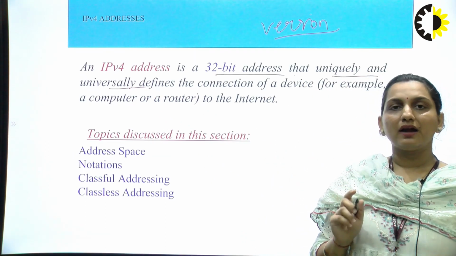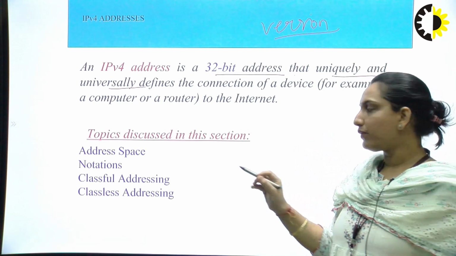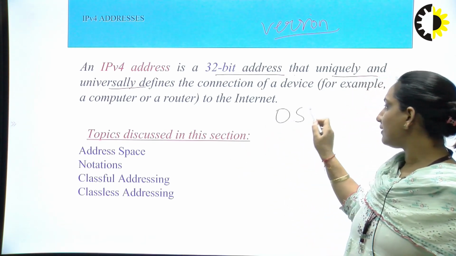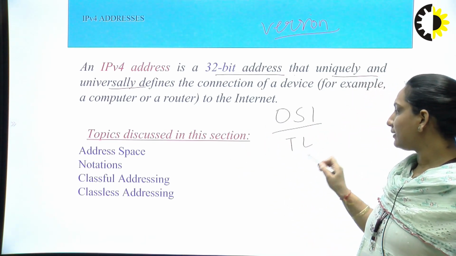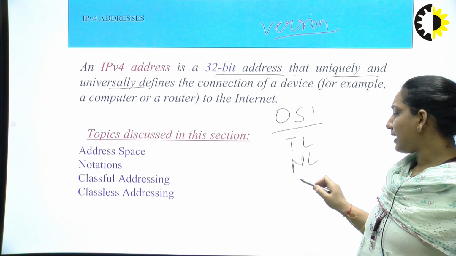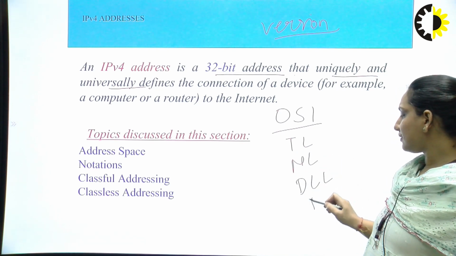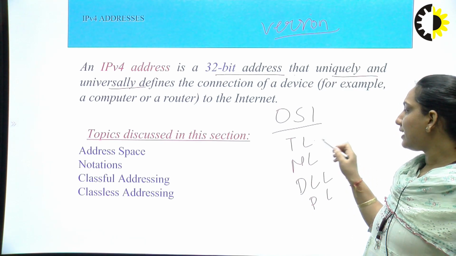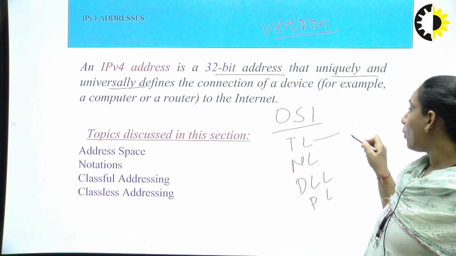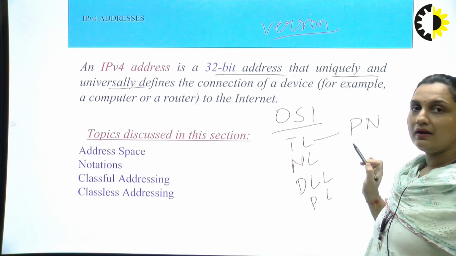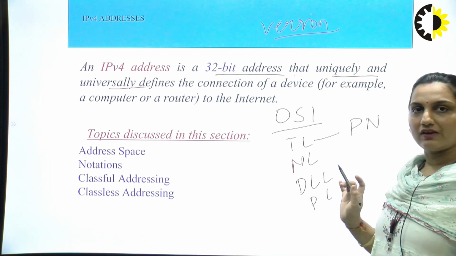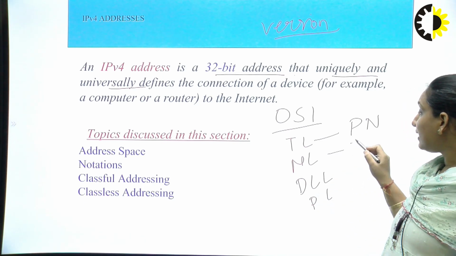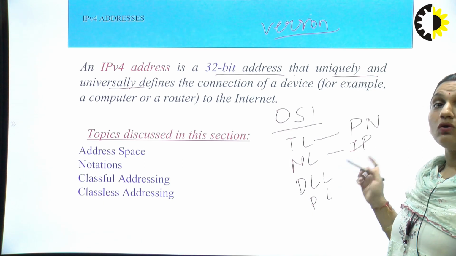In the OSI model we have a transport layer, a network layer, a data link layer, and a physical layer. In the transport layer there is a port number, with which process-to-process delivery is done. In the network layer there is an IP address, which is a logical address.